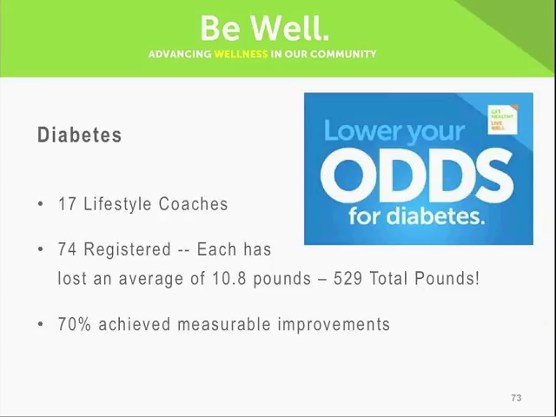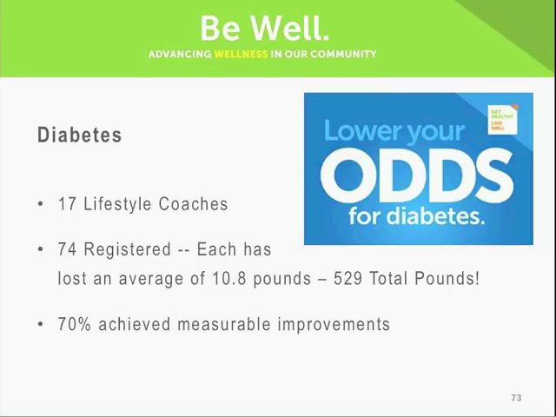Those folks lost a total of 529 pounds. 70% achieved measurable improvement. So you can see throughout this process, not only are they implementing lots of great things, but they are designed in a way that results are able to be measured. And this is key for their ability to track and show progress.